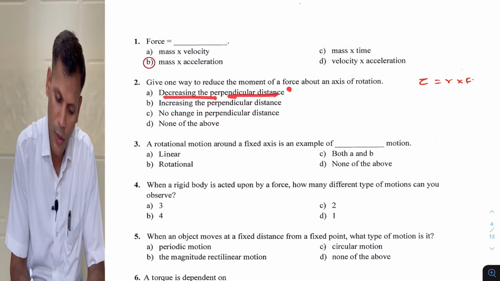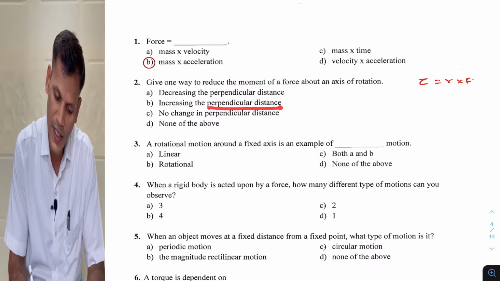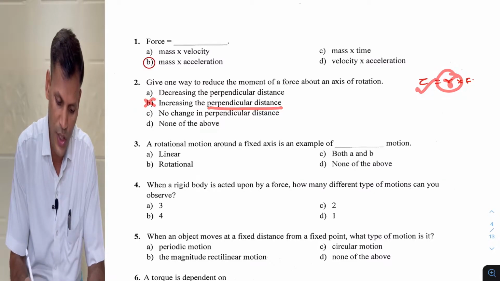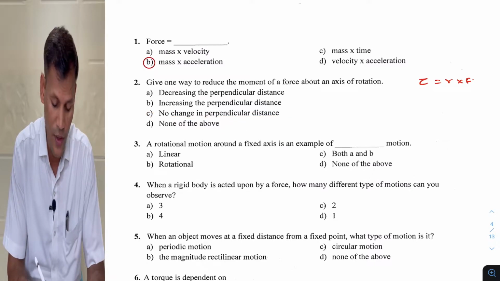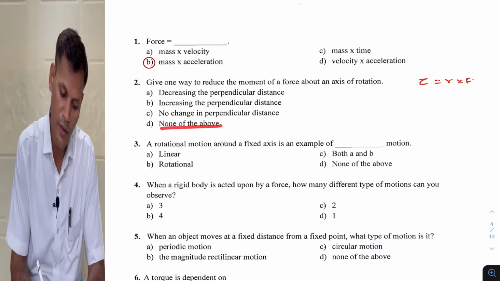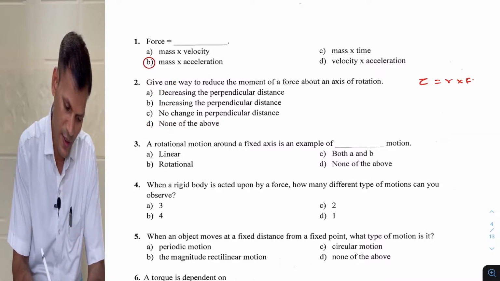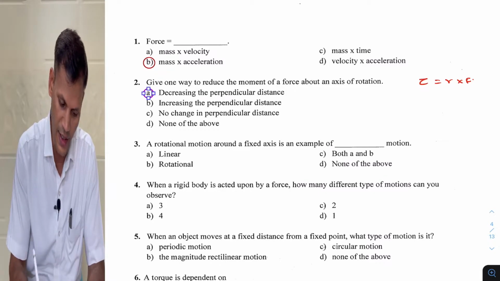Decreasing the perpendicular distance, of course, that is R. Increasing the perpendicular distance will increase it, so this will not be the option. No change in perpendicular distance, then it will not reduce. None of the above is also wrong. So decrease in perpendicular distance is the correct option. We will choose A as the right answer.